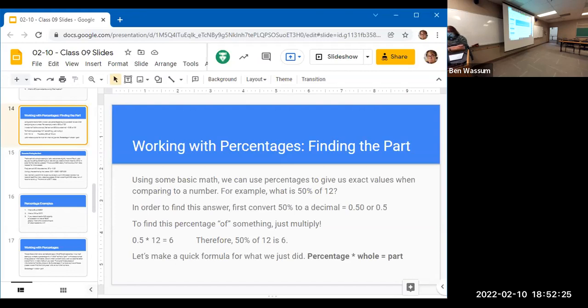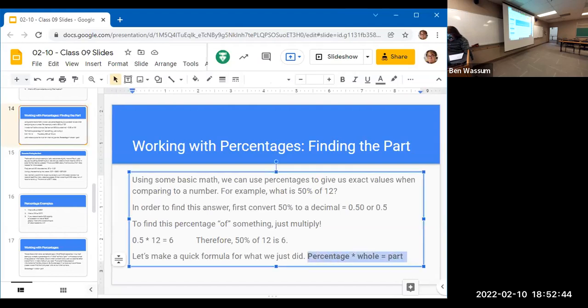So we had the percentage 50% multiplied onto our whole 12, and we ended up with just part of it, 6. So we can see that 50% of that 12 is 6. That particular setup is something that I keep referencing throughout the notes tonight.